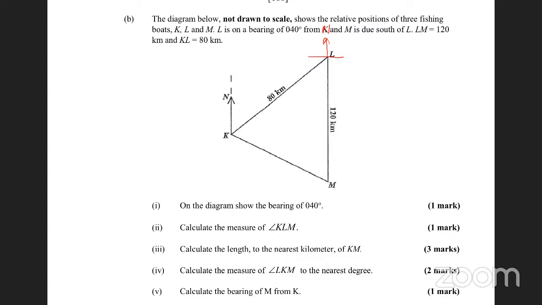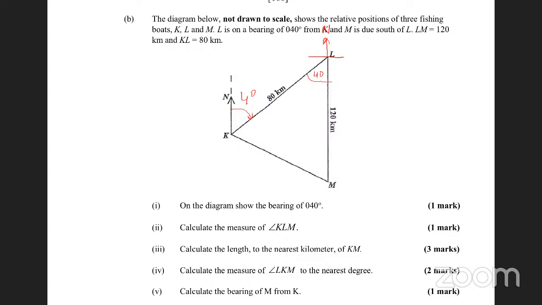So we're starting here, and this angle here is how much? That angle is 40. So if there's 40, how much is here? Yes, very good. So you do the alternate angle, because remember, M is due south of L. We have 80, we have 120, and they want us to find the angle KLM.